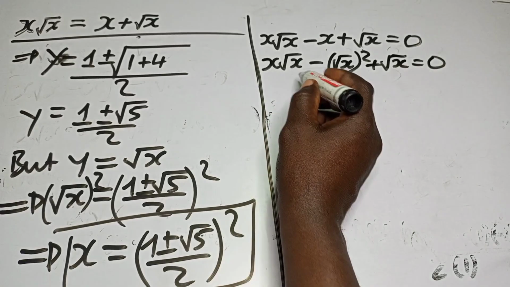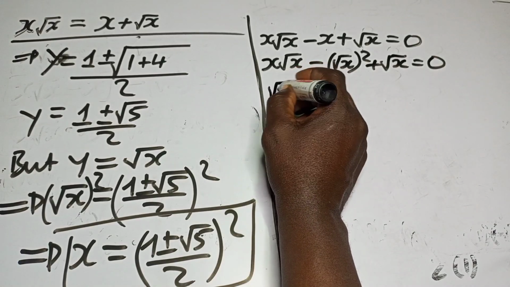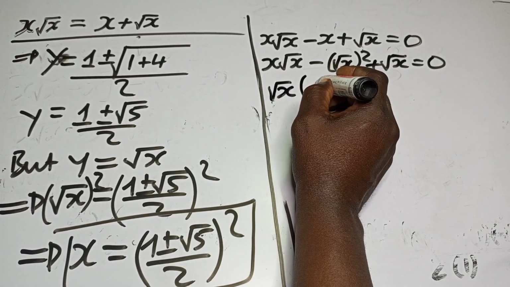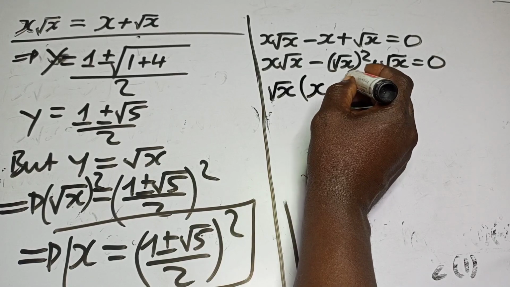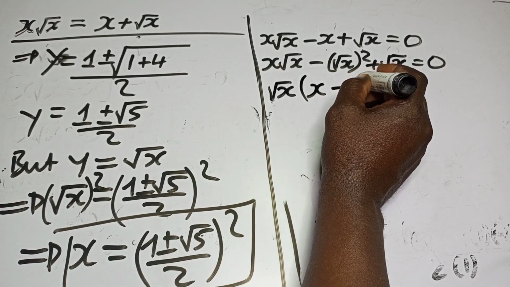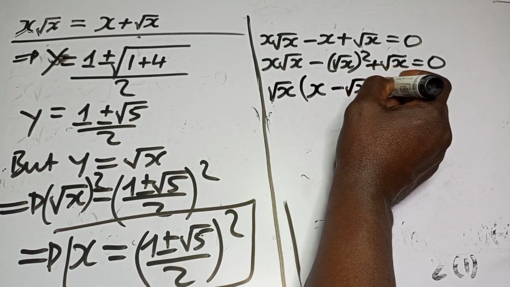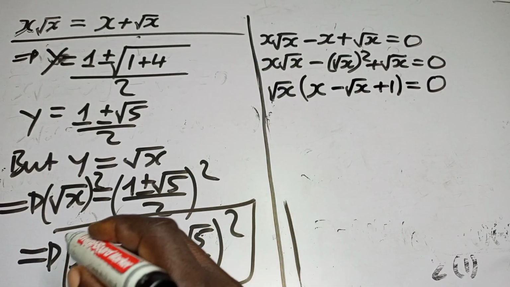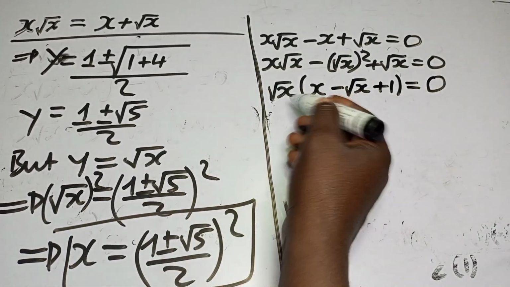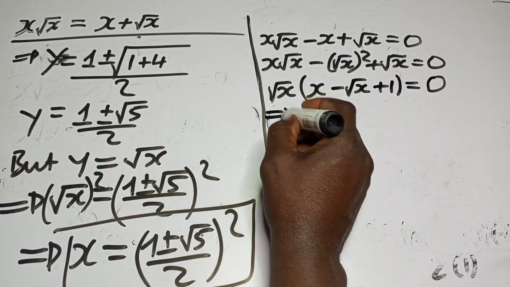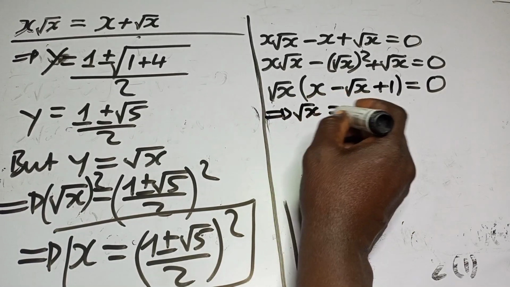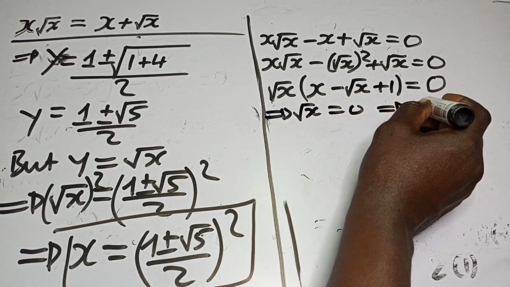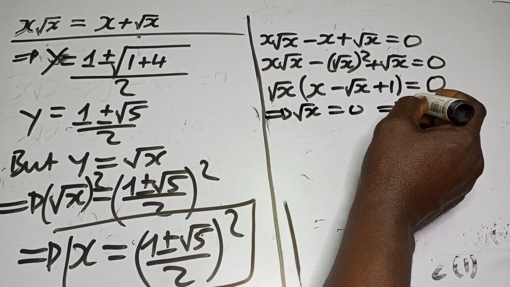Now we'll factorize out root x. Since root x is common, it will be root x into x minus root x plus 1 is equal to 0. Now we have a product of two expressions giving us 0. Either root x is 0, in which case x must be 0.